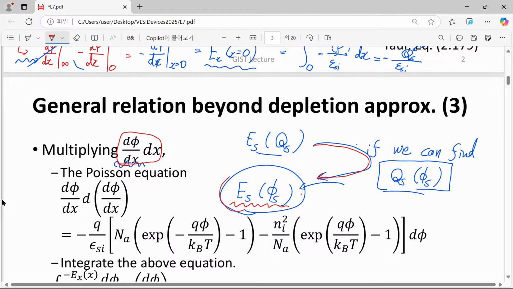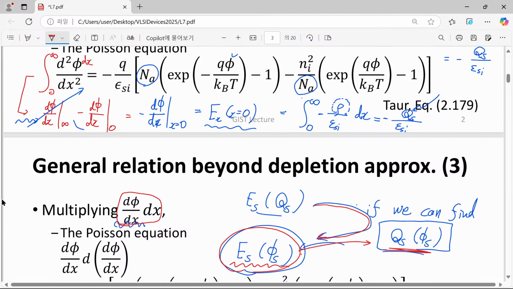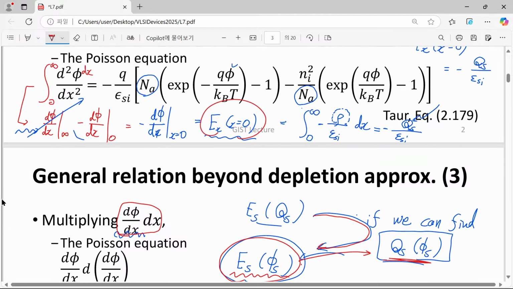We can find this expression, and from this one we can also find this expression, because ES and QS can be regarded as almost the same quantity with just a simple proportional coefficient. So you can directly compare one to the other.